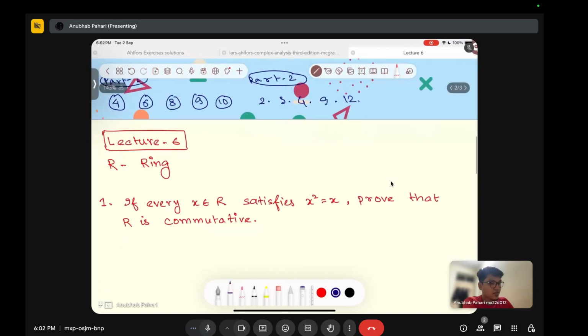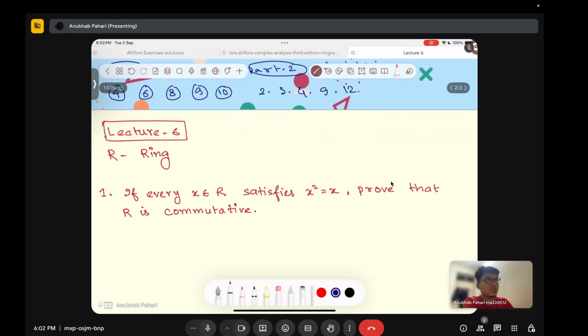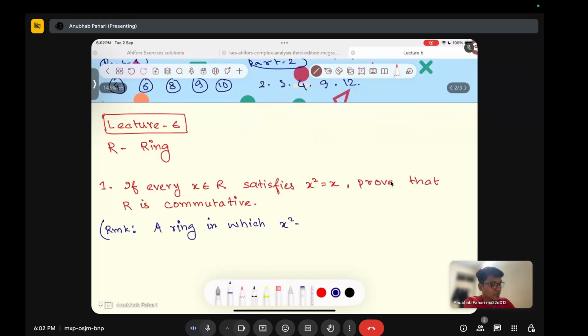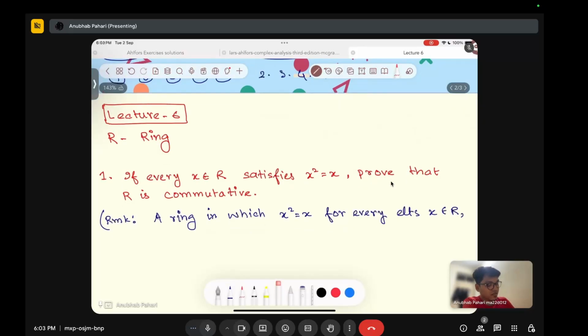Now note that you can say this as a remark: a ring in which x square equals to x for every element x of R is called a Boolean ring.